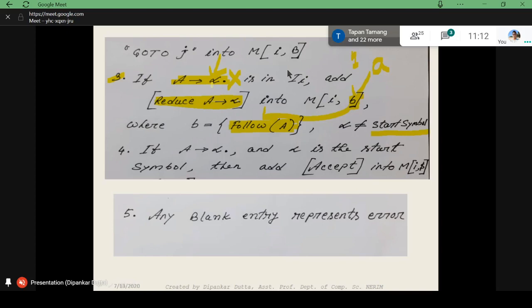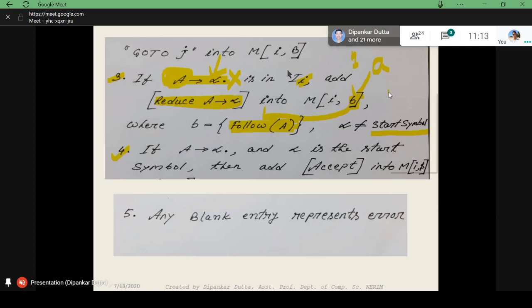If alpha is the start symbol, then we have to go for step number 4, which we'll discuss later. Now we consider the third point. If A implies alpha dot in Ii, then we add reduce A implies alpha into M of Ii, b, where b means the follow symbols for this A.